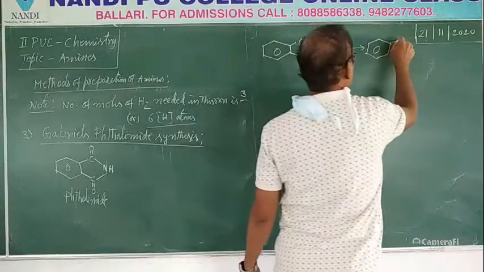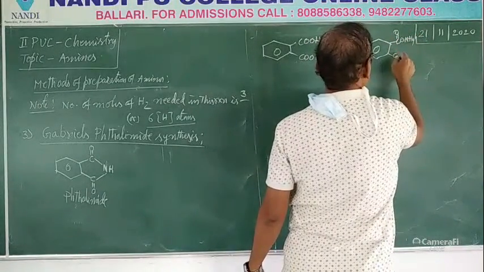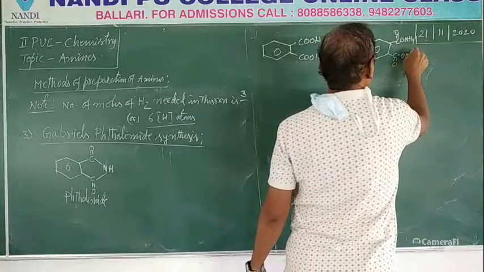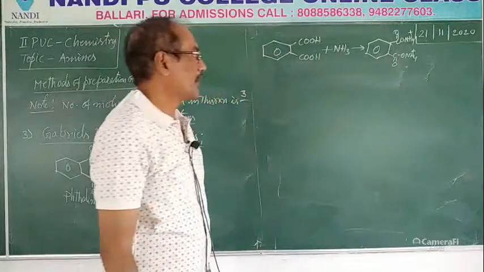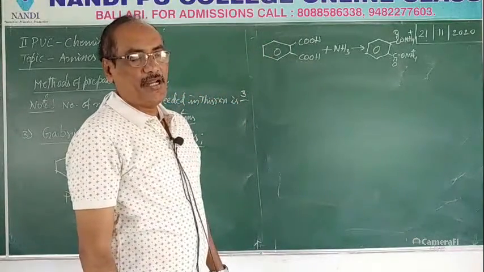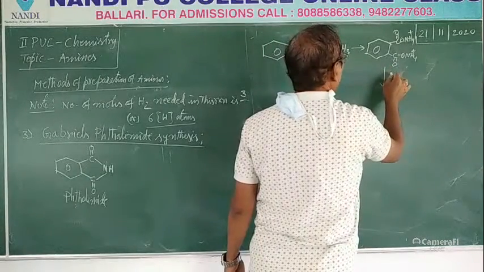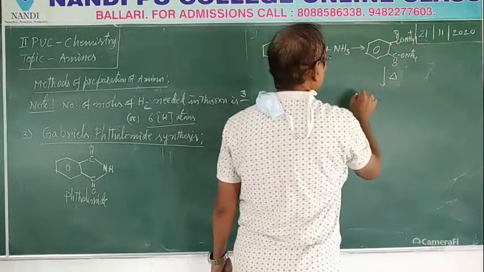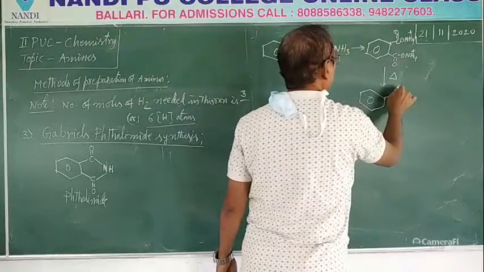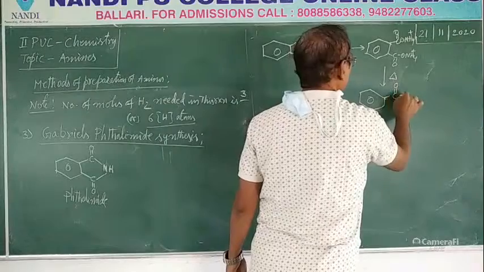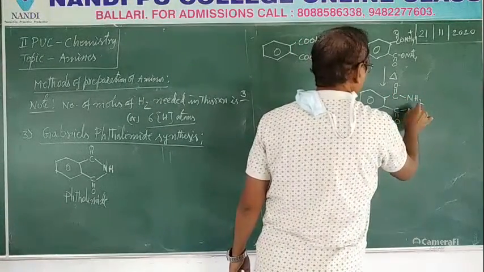so that you will get COONH4 on both sides, ammonium phthalate. This on strong heating gives C=O NH2, again C=O NH2.